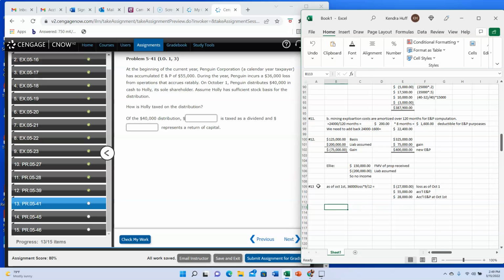So they had a $40,000 distribution. Well, it was a cash distribution. Let's see how it's accounted for. All right, so the $28,000 would be a dividend, and then the remaining 12 would be a return of capital.